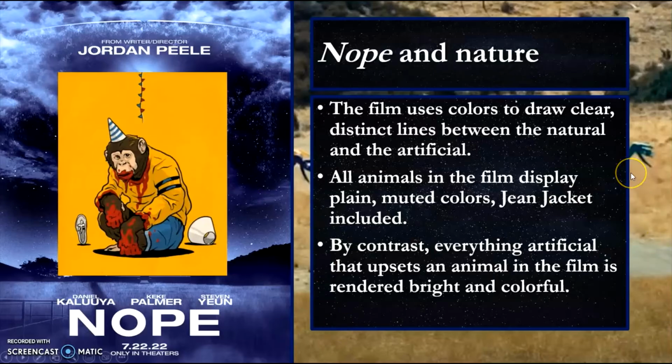And we can see how the artificial really upsets the natural in the movie when the two come together. Jean Jacket, when he eats that fake horse, it doesn't agree with him. He spits out everything artificial and consumes everything organic.